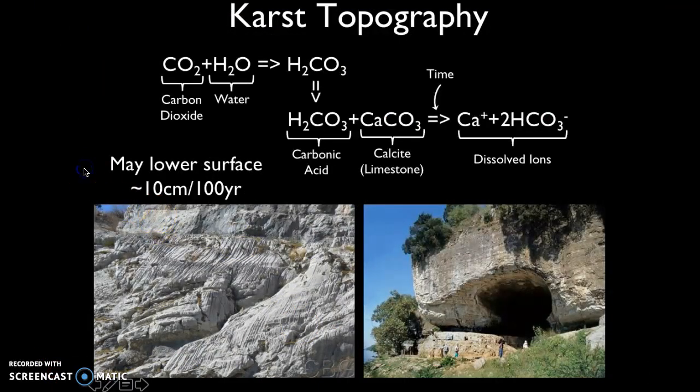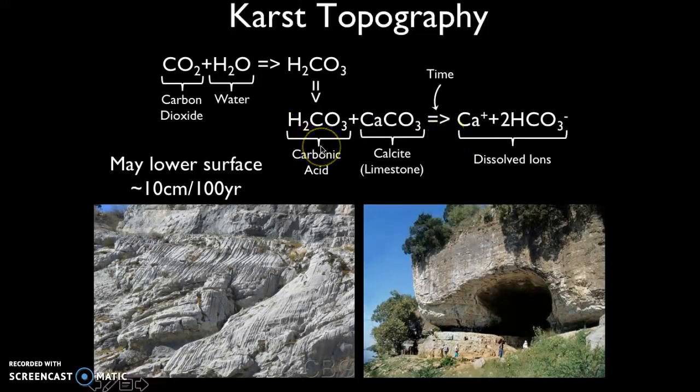Okay, so as I was saying in the previous slide, when you have this dissolution, it's due to a chemical reaction. You're seeing here that specific chain of chemical reactions. Initially, you have carbon dioxide in the atmosphere, which reacts with water vapor, or clouds, basically, to form carbonic acid, H2CO3.